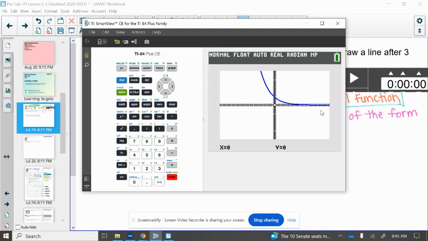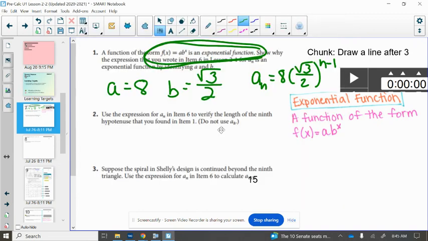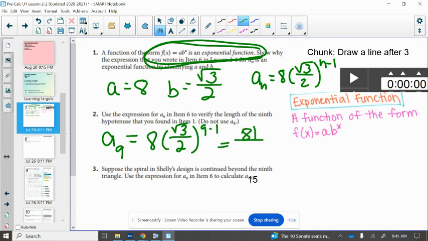Once we had this explicit formula, we talked about how we can calculate, for instance, the ninth term using 9 minus 1, so the 8th power, and get 81 over 32 as our ninth term.